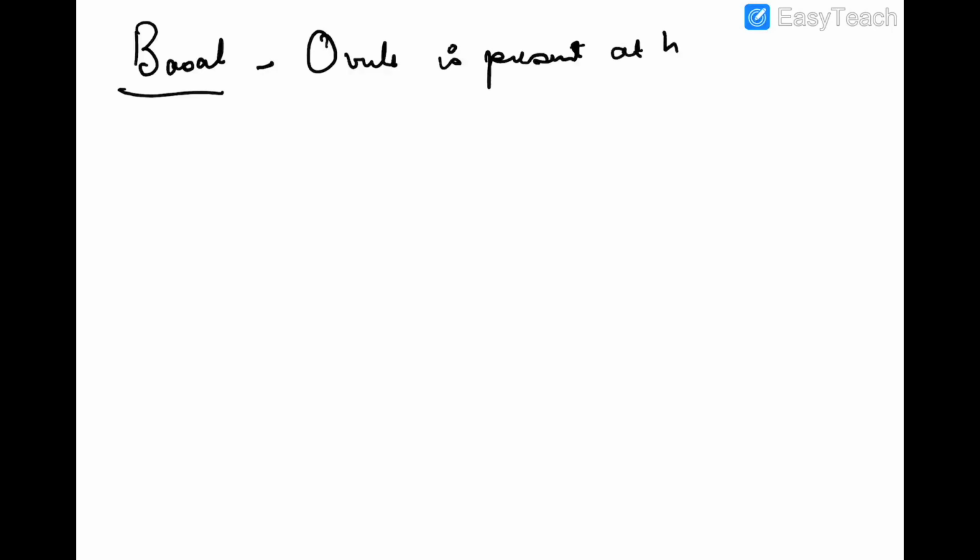The last type of placentation is basal. In basal, ovule is present at the base of the ovary.